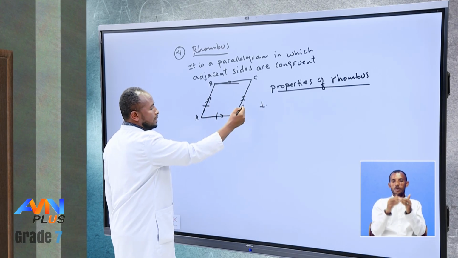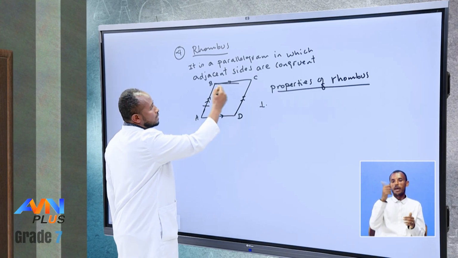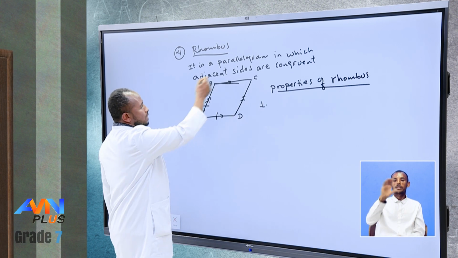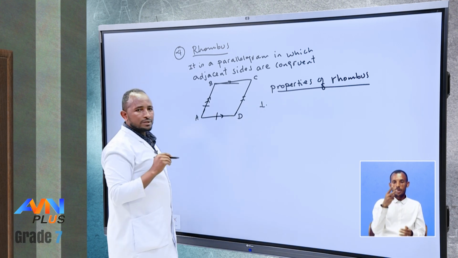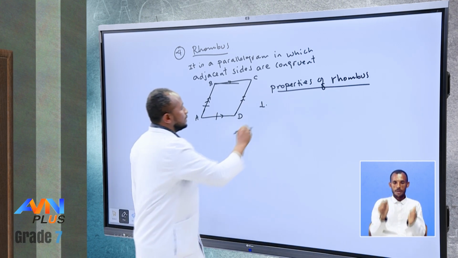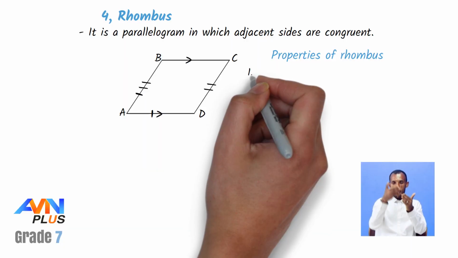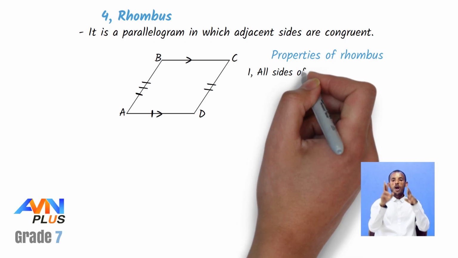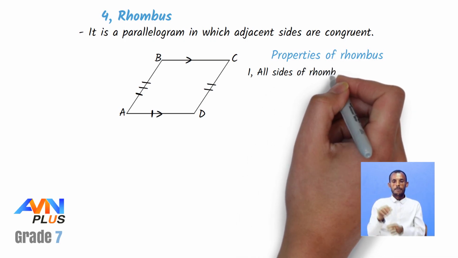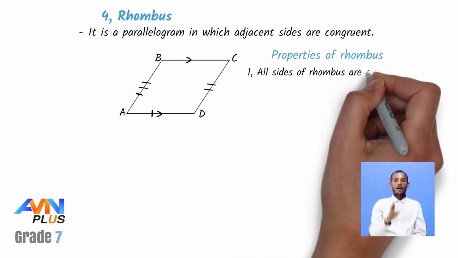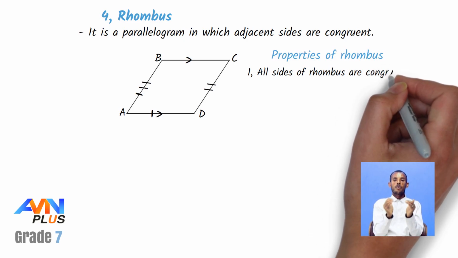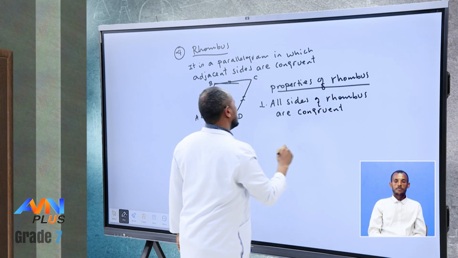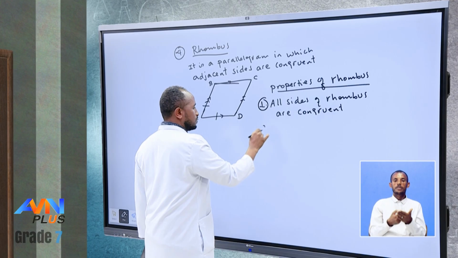Again, AD is congruent with BC. So all sides of a rhombus are congruent. This is the first property of rhombus.